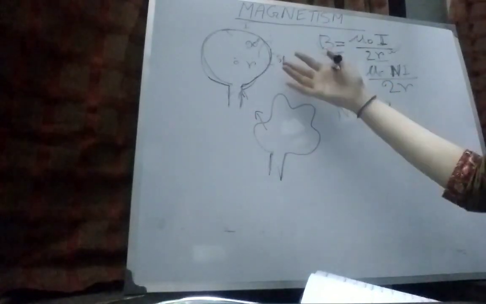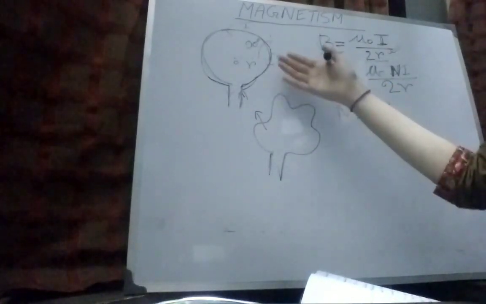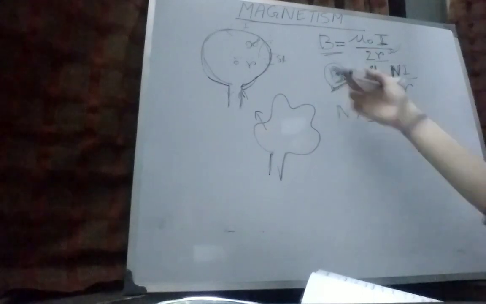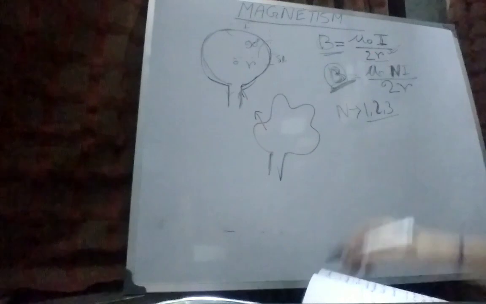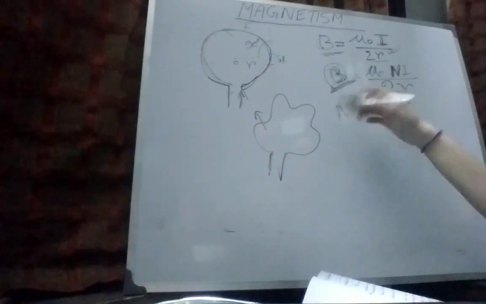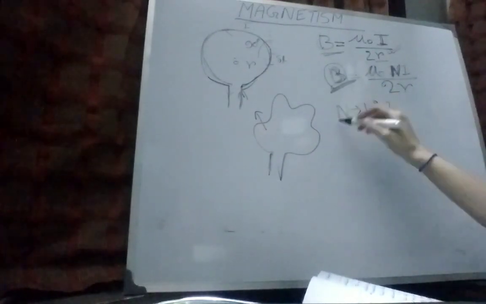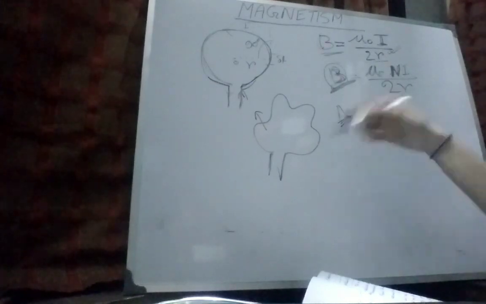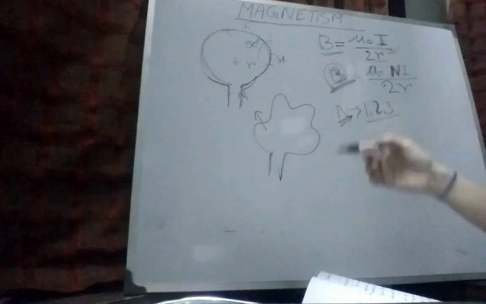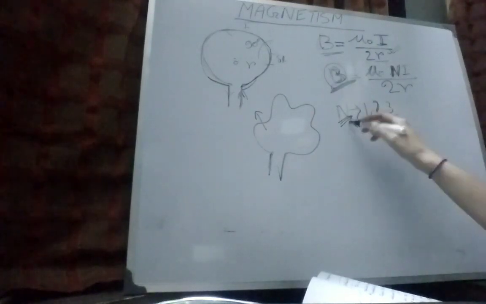If the area increases, the associated flux will increase, and if the flux increases, then the magnetic field will also increase. So to increase the intensity of a magnetic field, we will use a higher number of turns, and if we have to lower the intensity of the magnetic field in some cases, then we will have to decrease the number of turns.